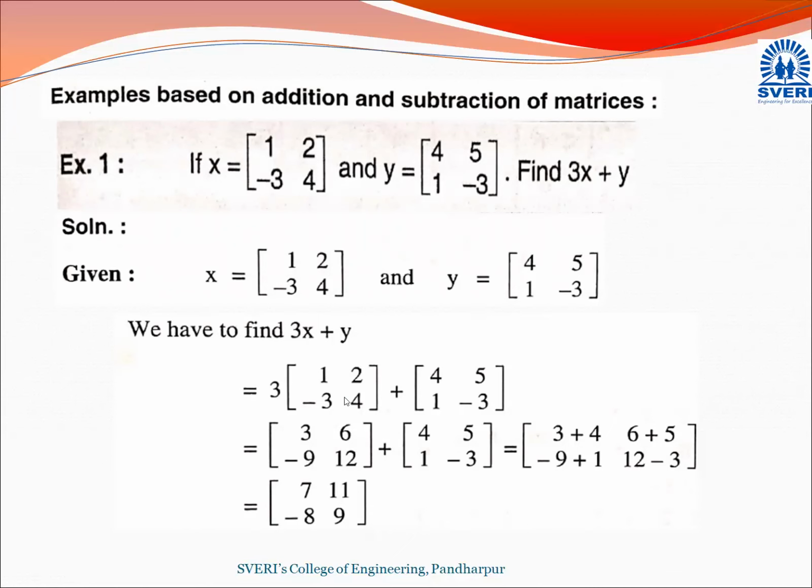Taking addition of these two matrices: 3 plus 4, 6 plus 5, minus 9 plus 1, 12 minus 3. So 7, 11, minus 8, 9.